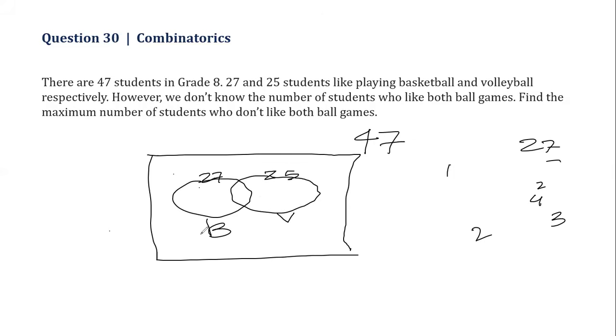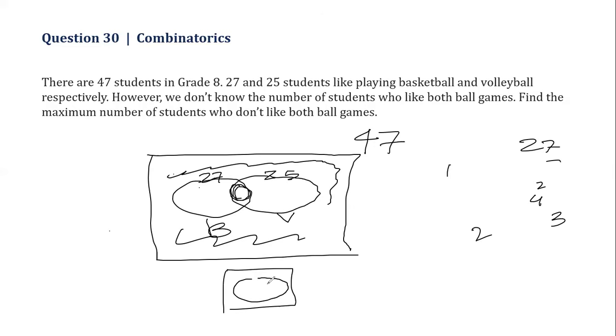So if we want to maximize the number of people who don't like ball games, we need to minimize this. So I think one way we can do that is, since the number of people who like volleyball is less than the number of people who like basketball, we're going to have the number of people who like volleyball here and the number of people who like basketball here.